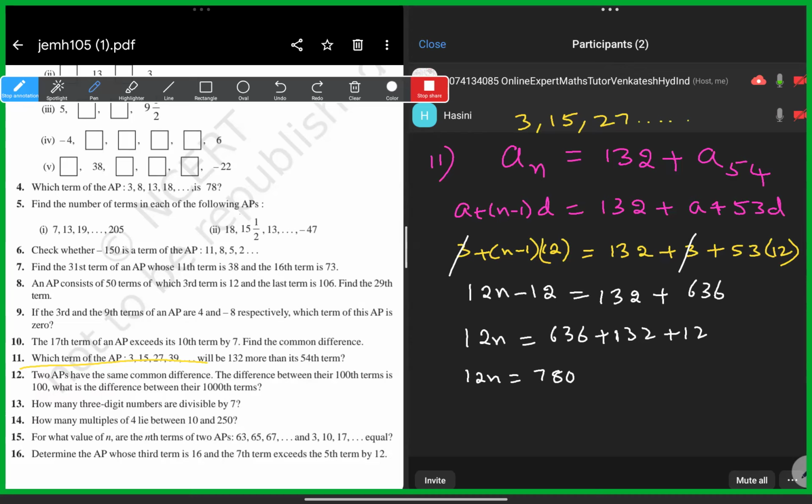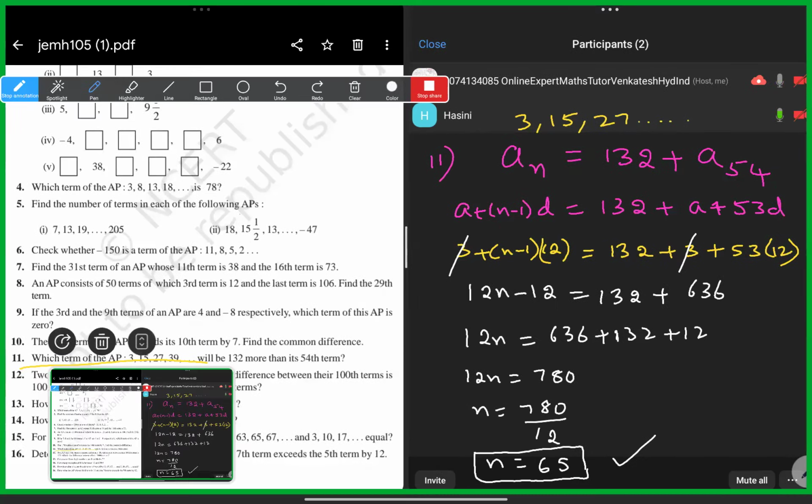Now n is equal to 780 by 12. So n is equal to 65.